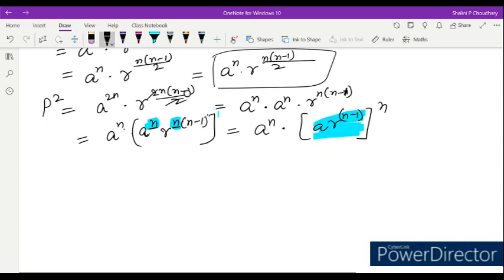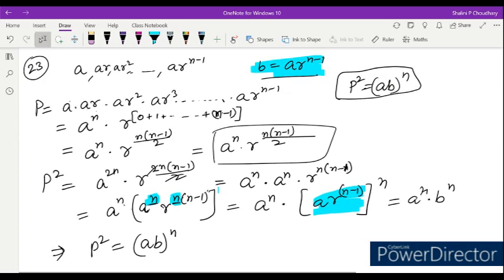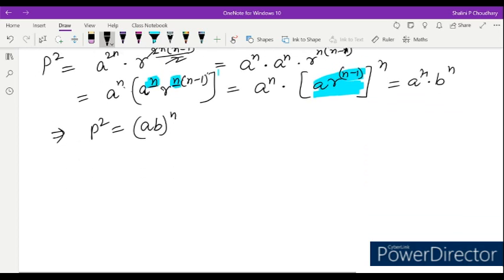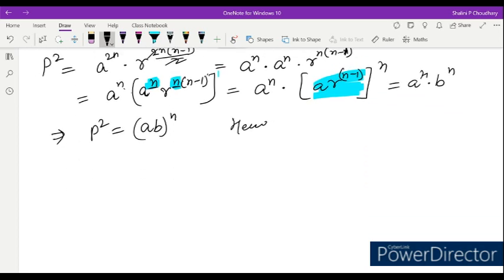So we can write here a to the power n into b to the power n. Okay, so can we write p square as (ab) to the power whole n. This is what we had to prove, right? Okay, hence proved.